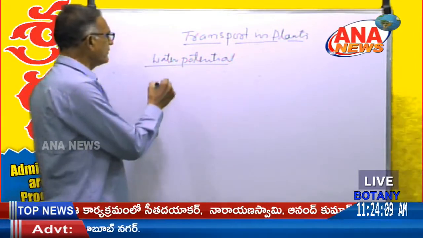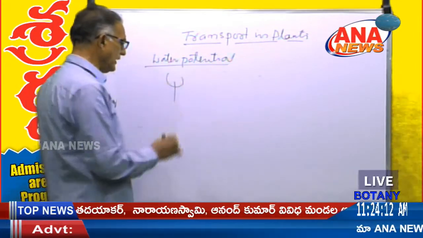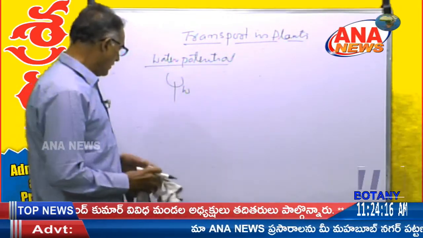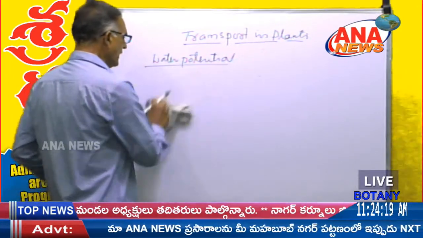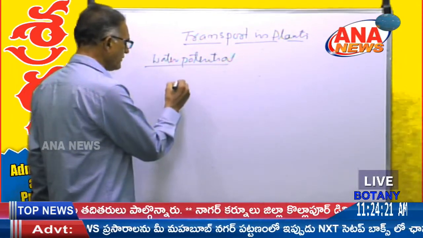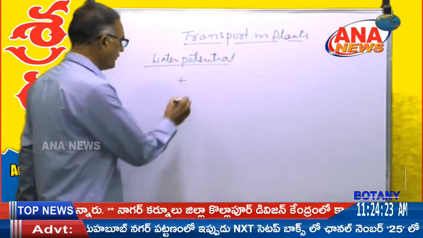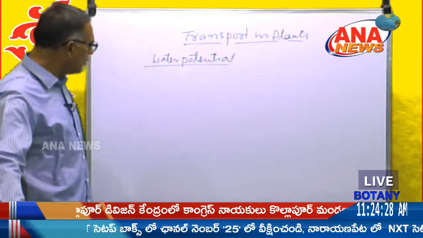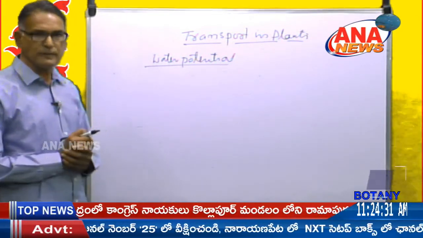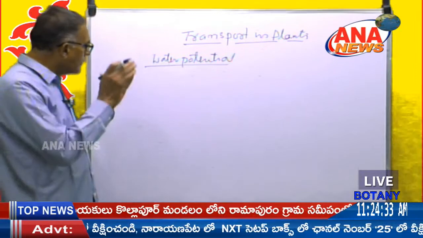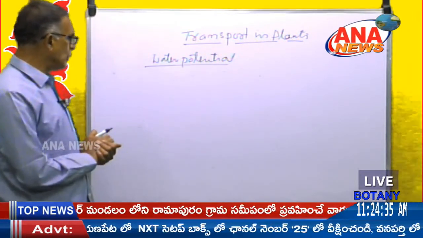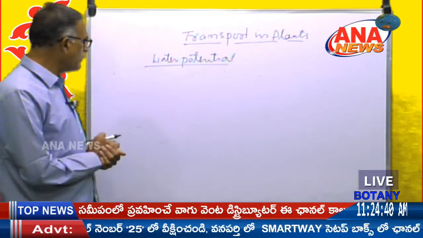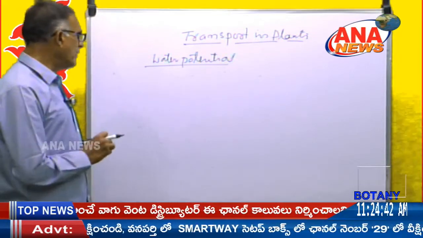Water potential, denoted by the Greek letter psi W, is measured in pascals. At constant temperature and atmospheric pressure, the water potential of pure water is taken as zero. Then we discussed solute potential. When we add solute to water, it lowers the free water molecules.